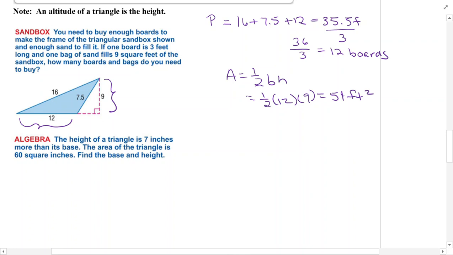Now one bag of sand fills 9 square feet. So how many bags would I have to buy? I would have to divide 54 by 9, which gives the fact that I have to buy 6 bags.